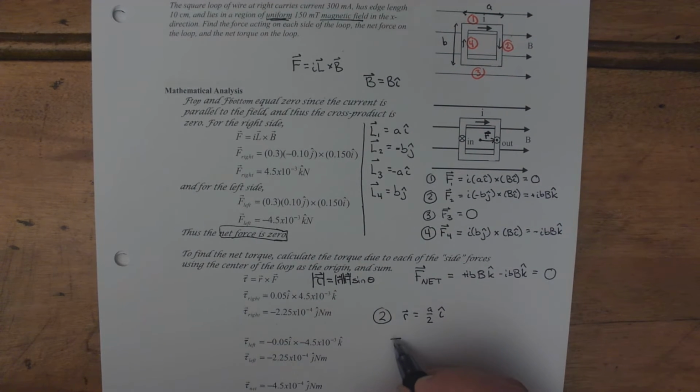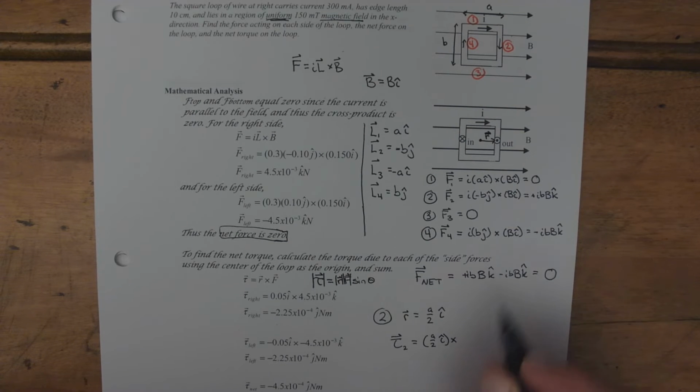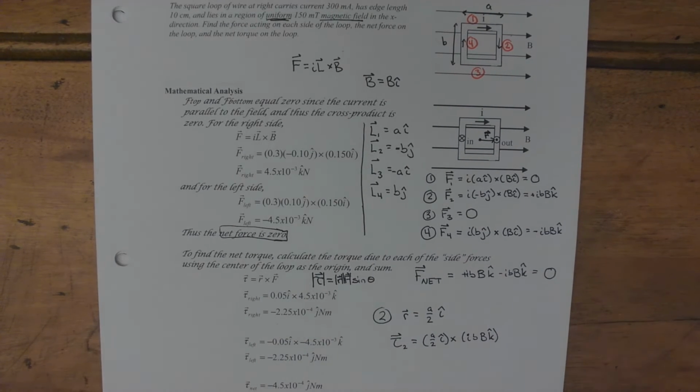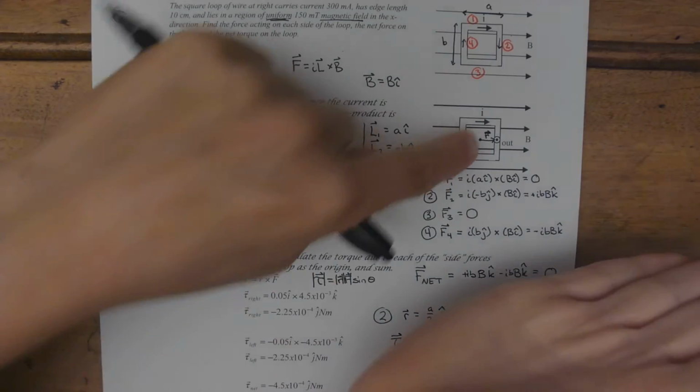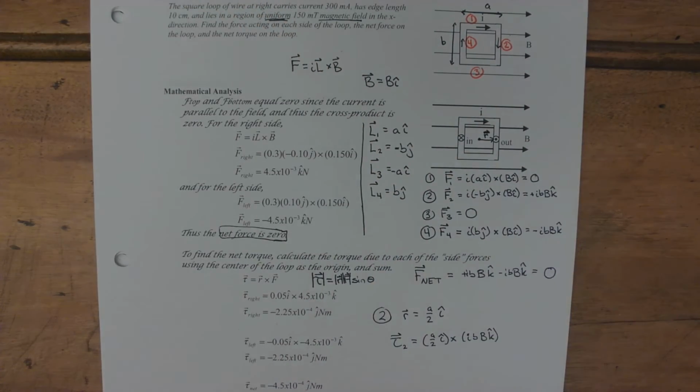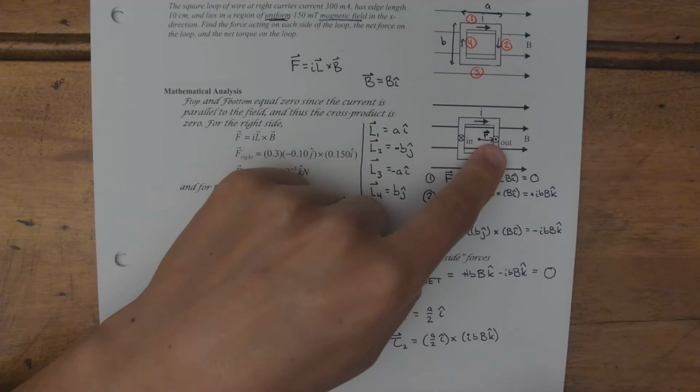So the torque for side 2 is equal to r, which is a over 2 I hat, crossed with F, which is I, b, capital B, k hat. Now we get to use the right hand rule again. We have I hat, and oh yeah, the force is coming out of the page.